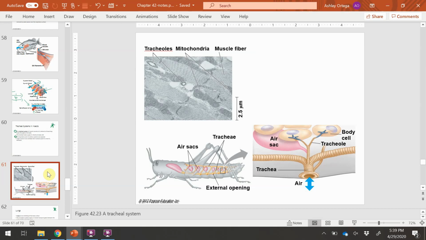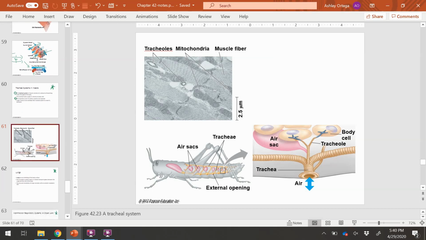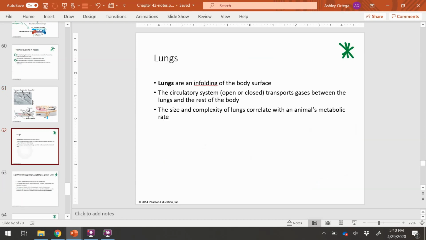The air movement throughout these tubes is done through body movement and cycling of air through the tubes. It is much, much different. It's not connected to the circulatory system, which is perhaps one of the most unique traits of this system.